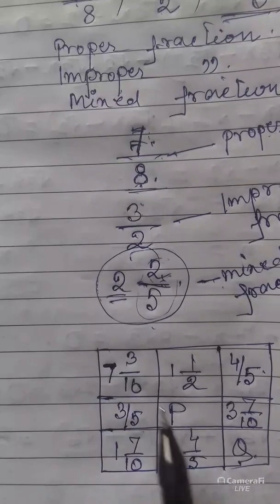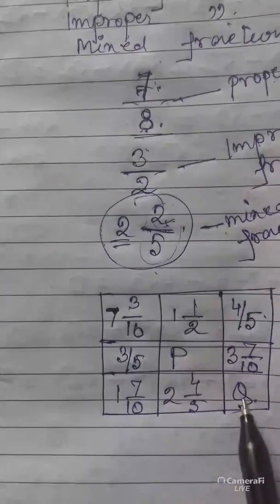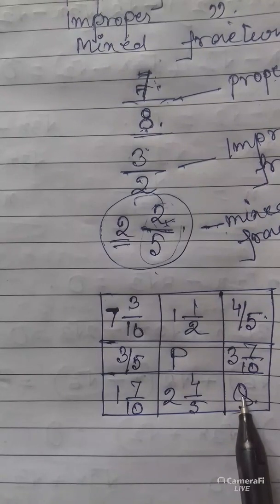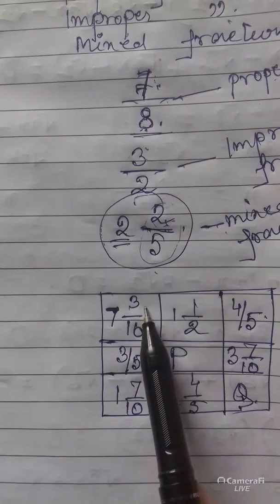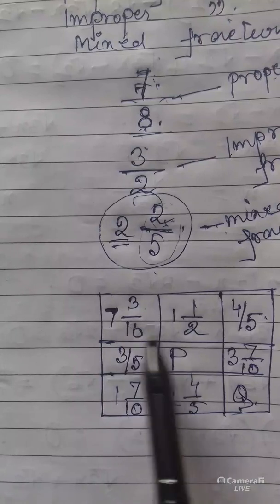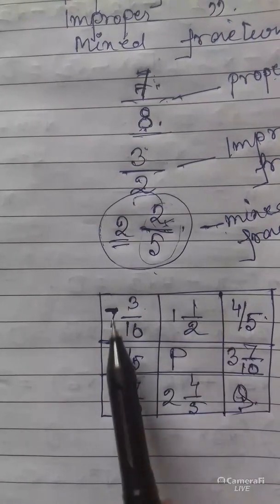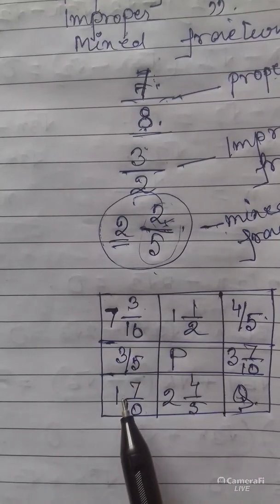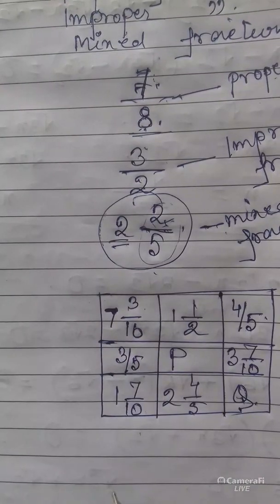We have to find the values of P and Q. The question says that the sum of numbers in each row and each column is the same.